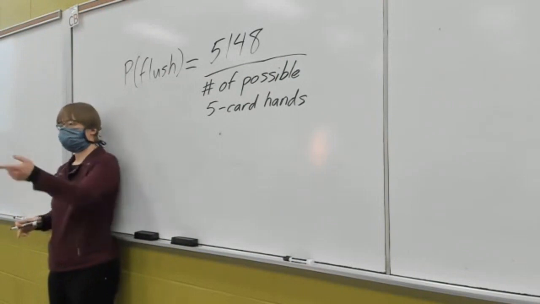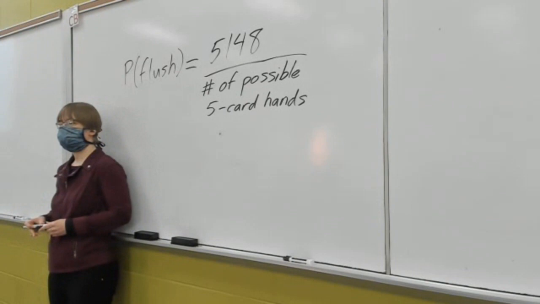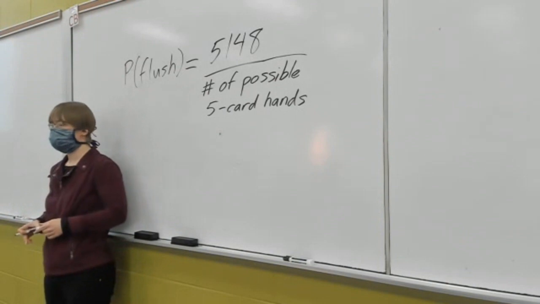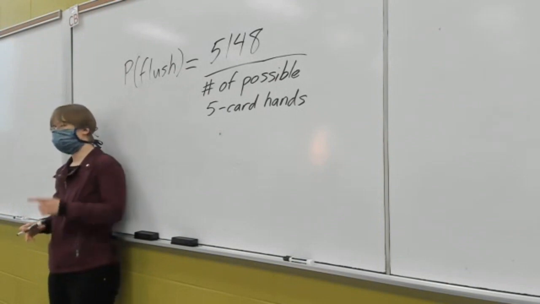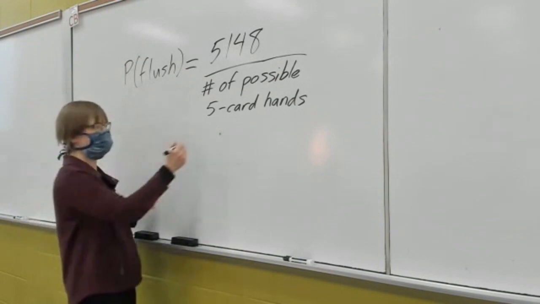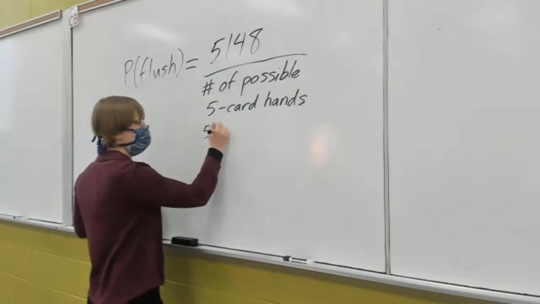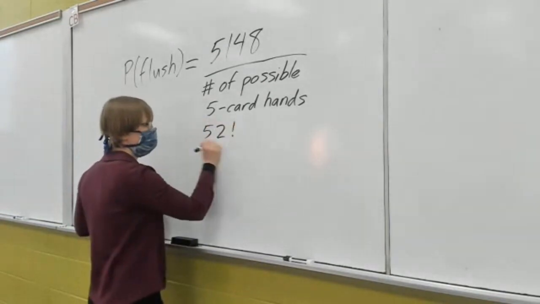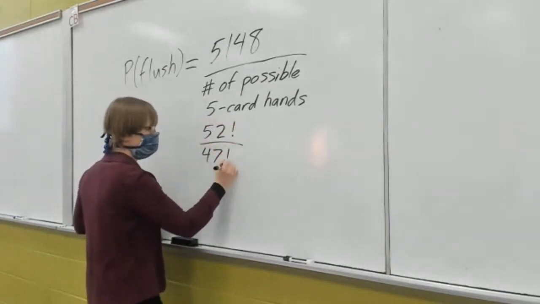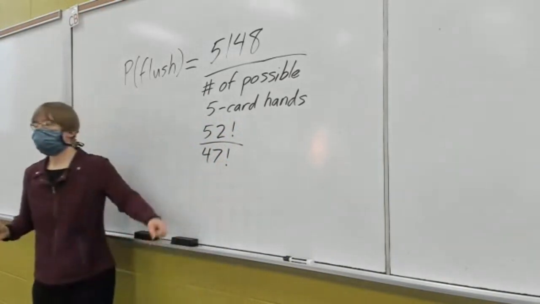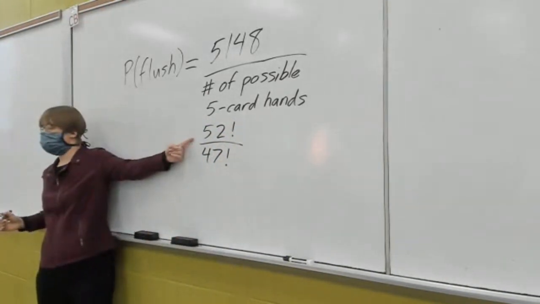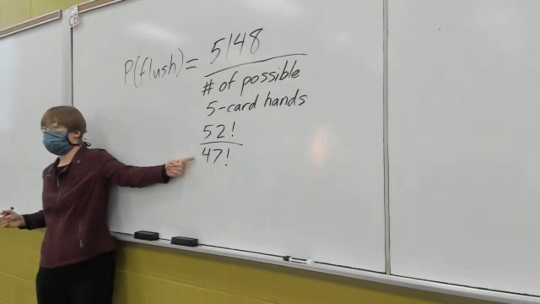There are 52 cards in the deck. Would it be 52 factorial divided by 47 factorial? Yeah, we're getting closer. If we do that, this would be the number of ways to pick 5 cards so that order mattered.